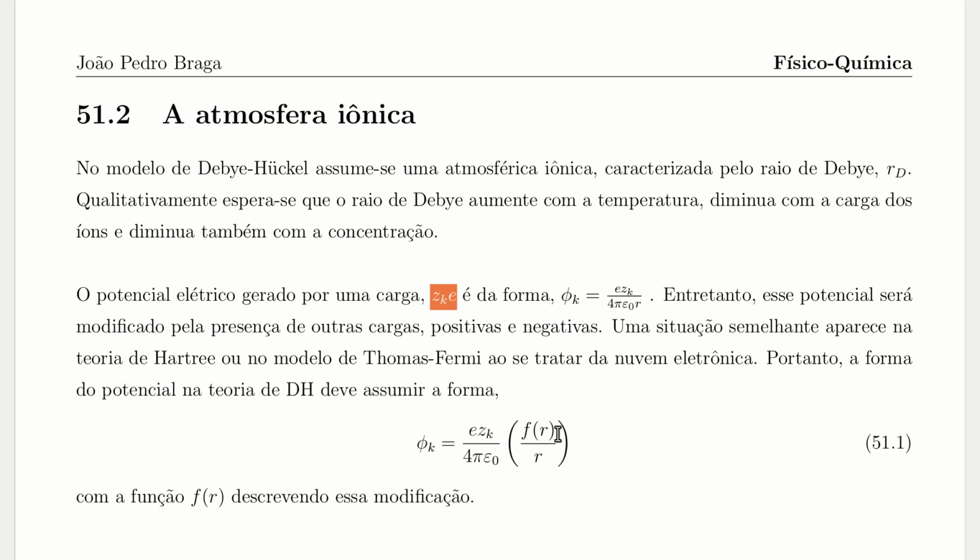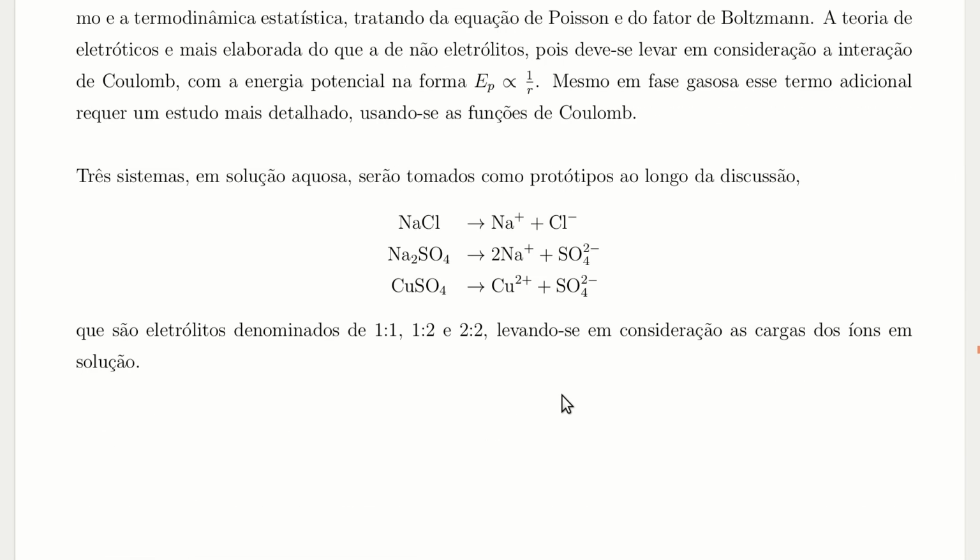Also, if you take these examples here in aqueous solution, for example sodium chloride, you have positive and negative ions in solution. And there is no preference for either positive or negative, so you have to adopt a statistical point of view.